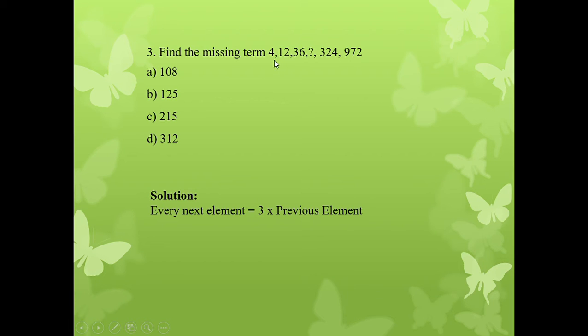That is, for example, 4 into 3, 4 3s are 12. Similarly, 12 into 3 you will get 36. For this question mark, 3 into the previous element, that is 36. So if you do 3 into 36, you will get 108. So the right answer is option A, 108.